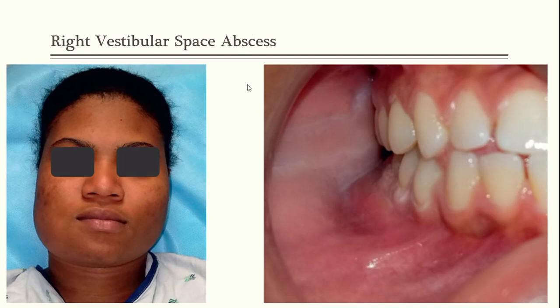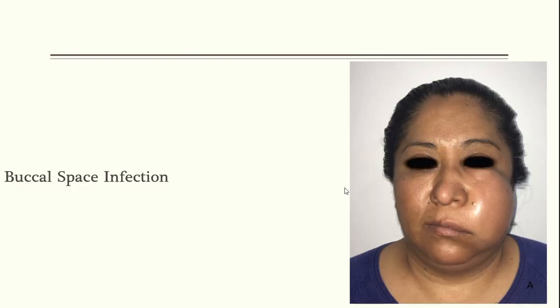Now here we can see a right vestibular space abscess. We can see the area reddened, and here mostly the cause will be the lower 6 or the 7, as the picture cannot show proper detail. Now here we can see a buccal space infection due to an upper tooth.